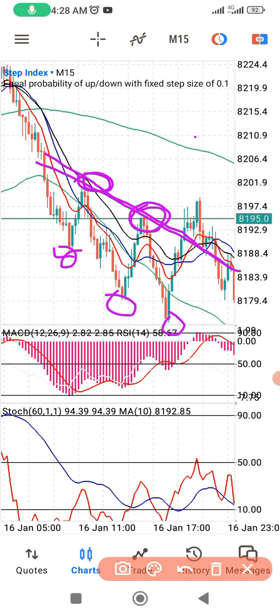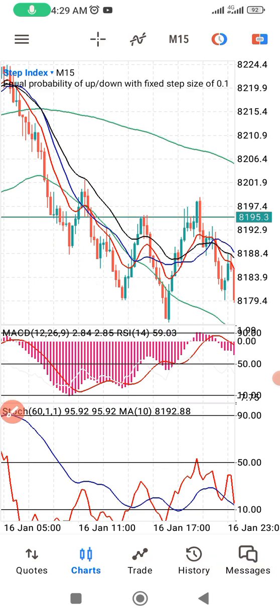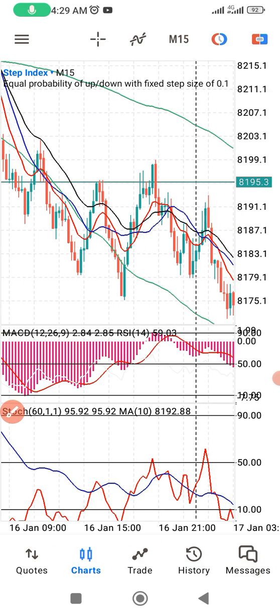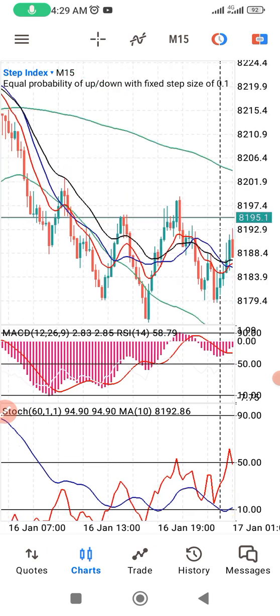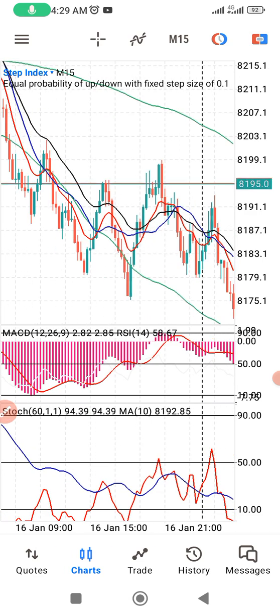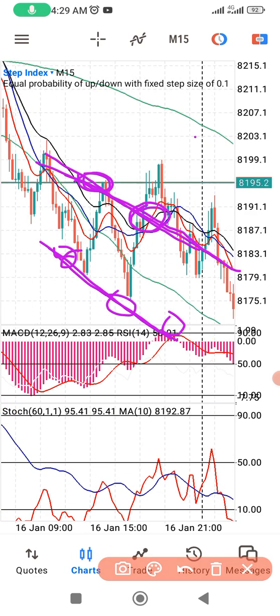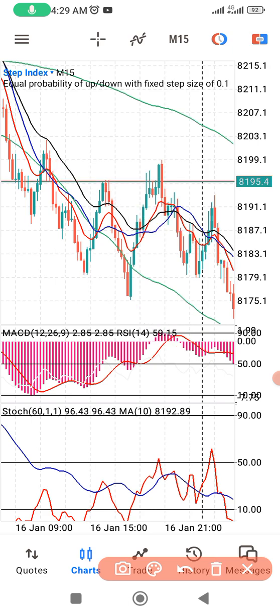So all these zones are areas of dynamic liquidity. And then let me show you something interesting that happens here. Looking at this, our lower high, right? Lower high, lower low, lower low, lower low.